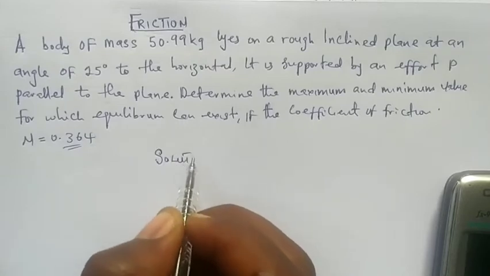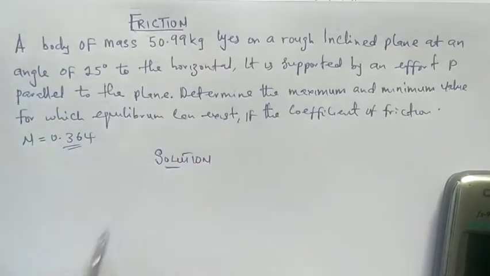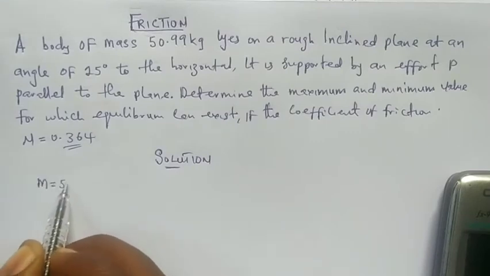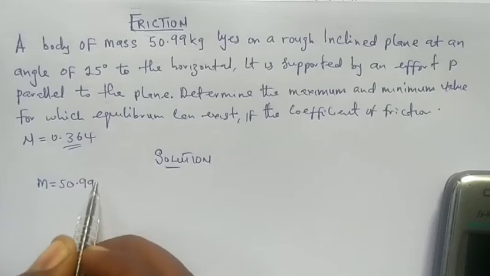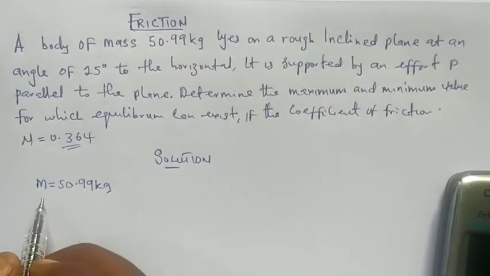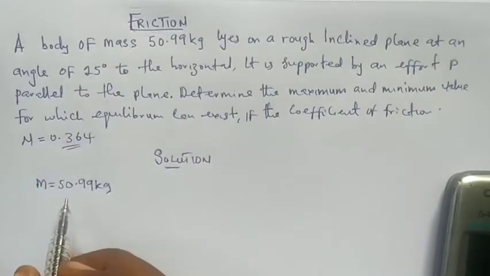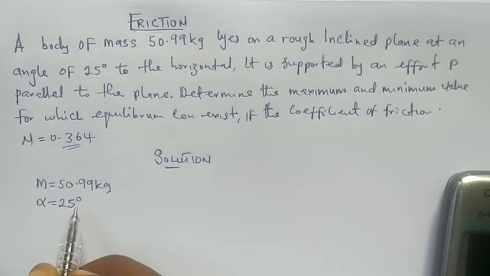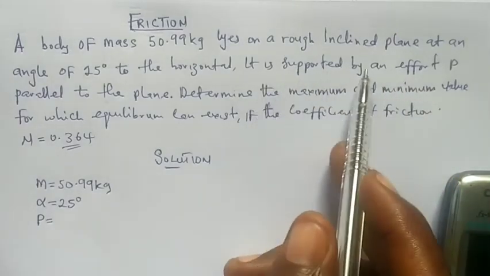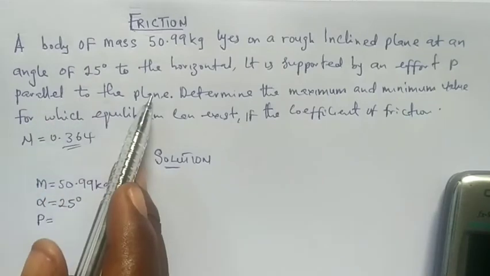Now, the solution we have here is that we have the mass M given to be 50.99 kilogram, and the angle that the inclined plane makes with the horizontal is alpha equals 25 degrees. They say you should look for the force P, supported by an effort P parallel to the plane.